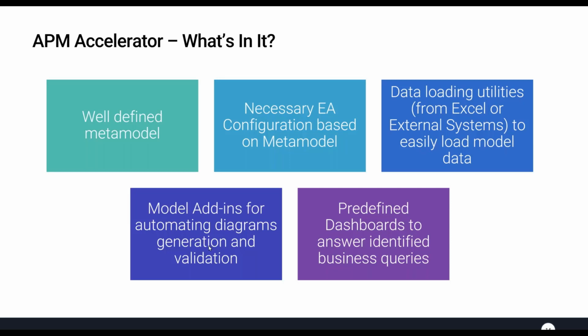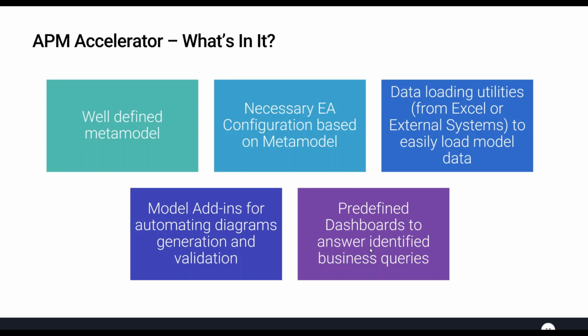But there are concepts in EA like model add-in, for example, which could automate all of those for you, which will create your diagrams in a matter of few minutes. So we have created a template and a few examples to show you how to automate diagrams specifically for the APM as well.